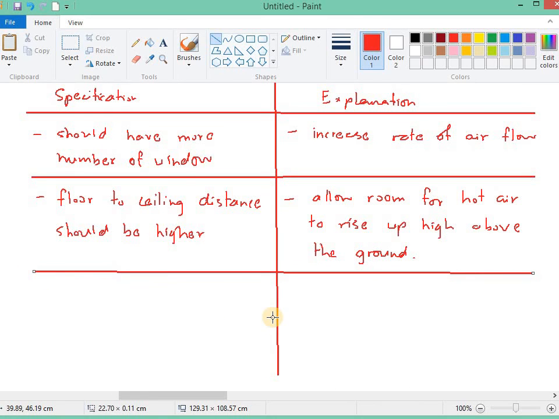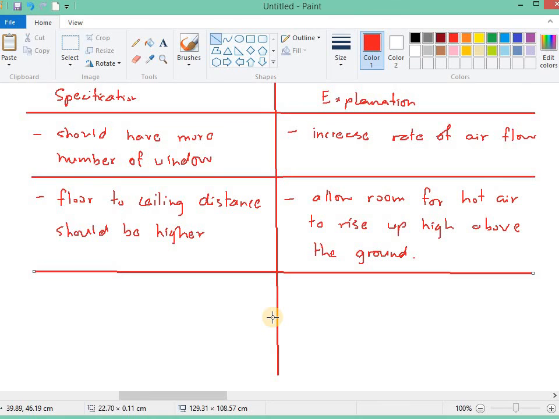Okay, why like that? Why can this help to improve the cooling? Because if the roof is high, then you won't feel the hot air. The hot air is all above you, so you don't feel hot because all the hot air is above and the cool air is at the bottom, so you feel cool. But if the roof is not higher, all the hot air is inside the room.